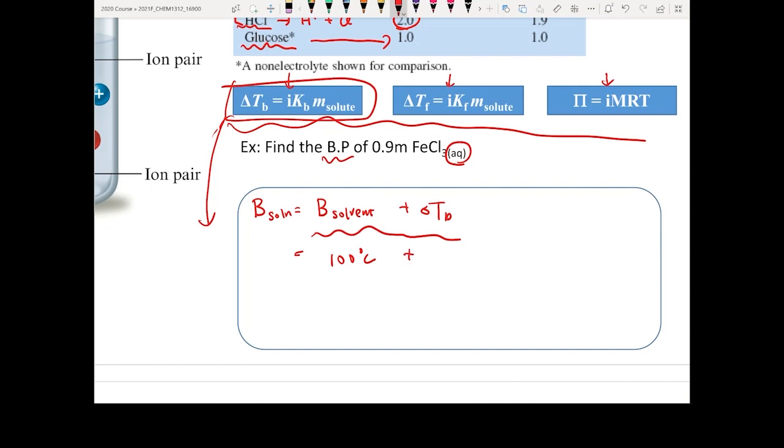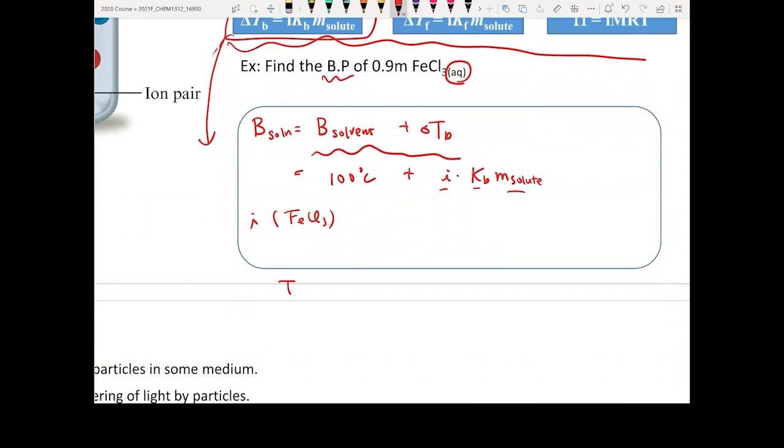How do you calculate your delta TB? We know it's I times your Kb times the concentration of your solute, right? What is I? Your I for FeCl3. Is FeCl3 an electrolyte or non-electrolyte? Electrolyte, right? So once it dissolves, FeCl3 is going to become Fe3 plus, right?